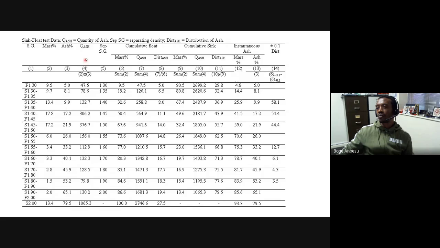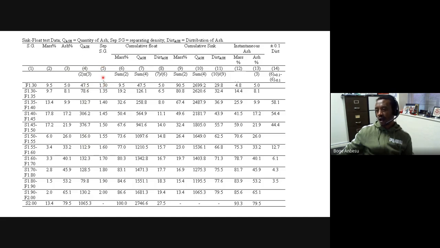Okay, so then I can determine the quantity of ash. So if I know the mass or percent mass, and I know percent of ash in that mass, then if I wanted to know the quantity of the ash, I can then multiply the two together. Okay, so this column here is for quantity of ash. It is simply obtained by multiplying this column with this column. Okay, so there's nothing going on here.